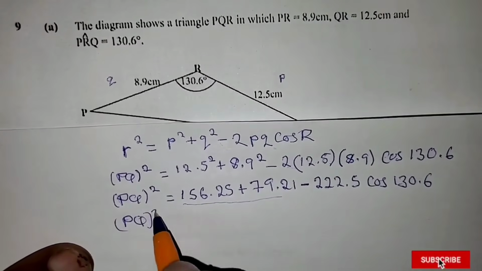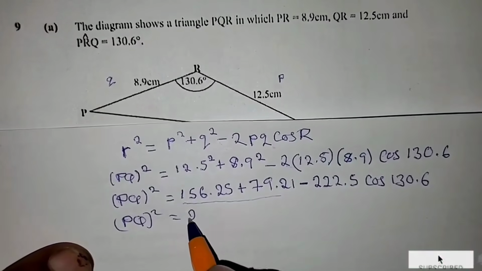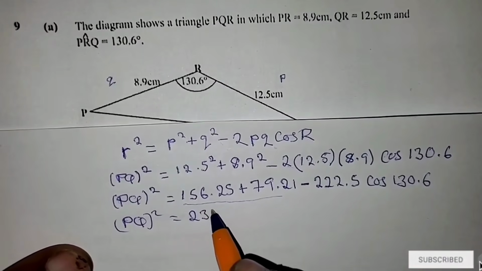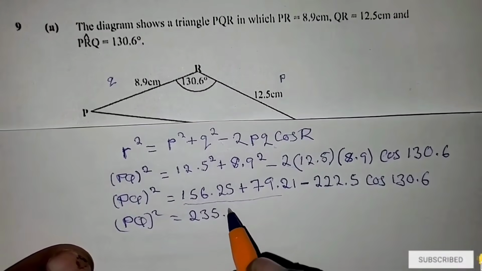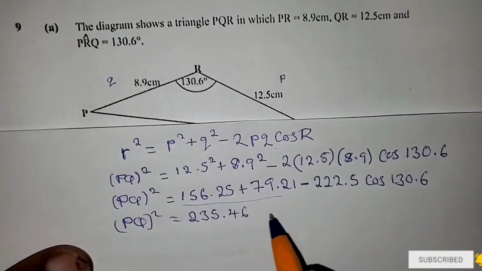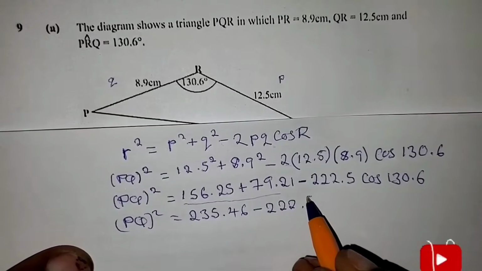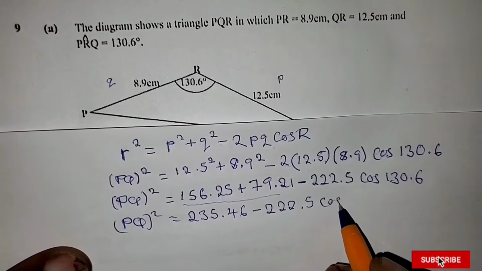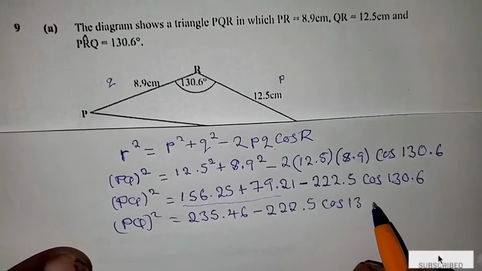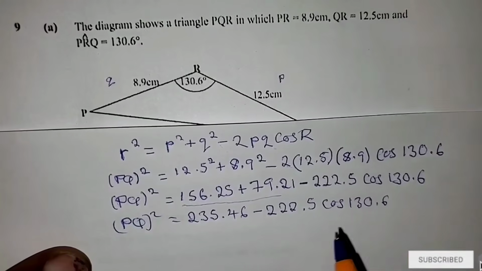So PQ squared is equal to 235.46 minus 222.5 cos 130.6.